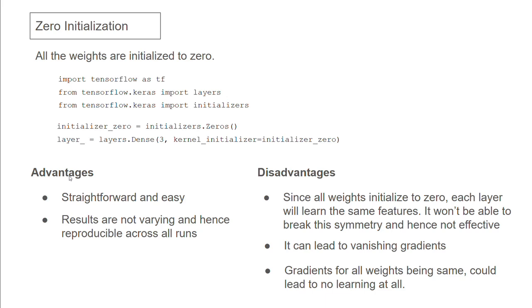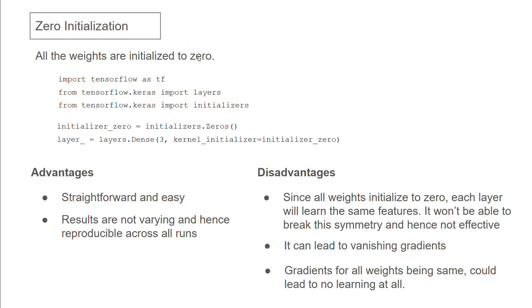If we initialize everything to 0, you run it, you stop, and then run again, it will be the same. Then what are the disadvantages? Since we initialize all weights to 0, sometimes it's not learnable and it will not be effective. Every time it initializes to 0, it is probably going to be the same.